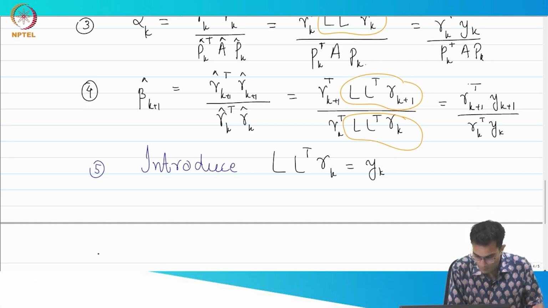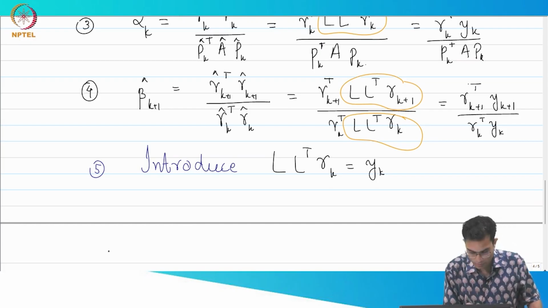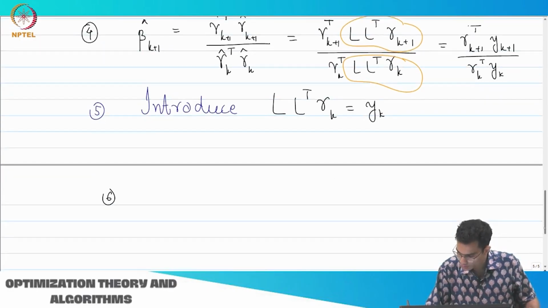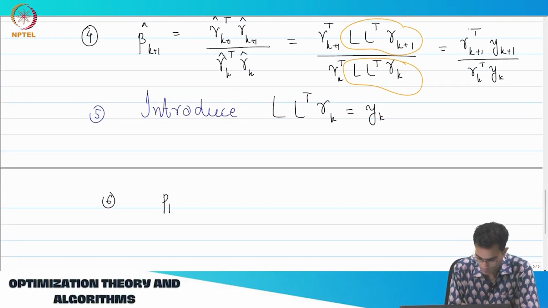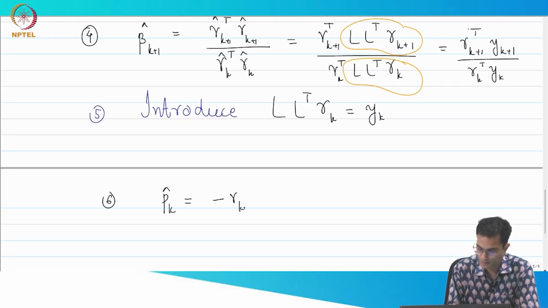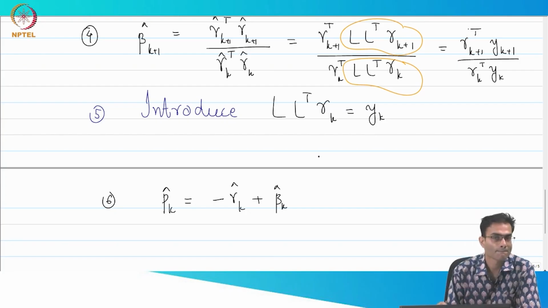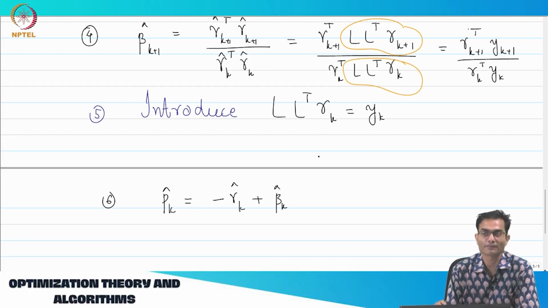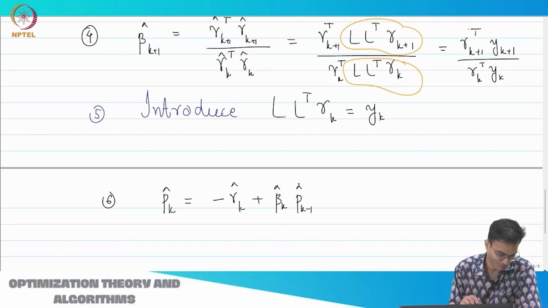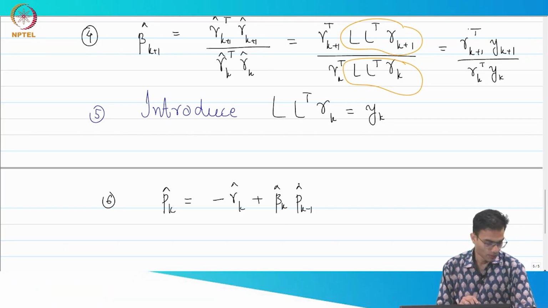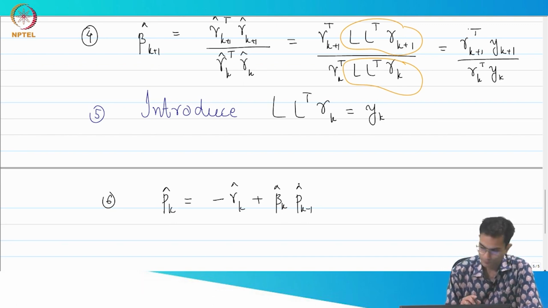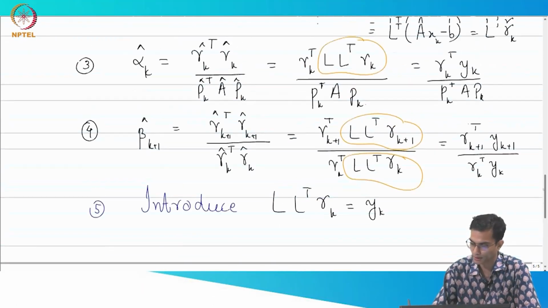So pk hat, I write it in terms of minus rk hat plus beta k hat times what? The previous conjugate direction, so pk minus 1 hat. Now pk hat was what in terms of the old p's?